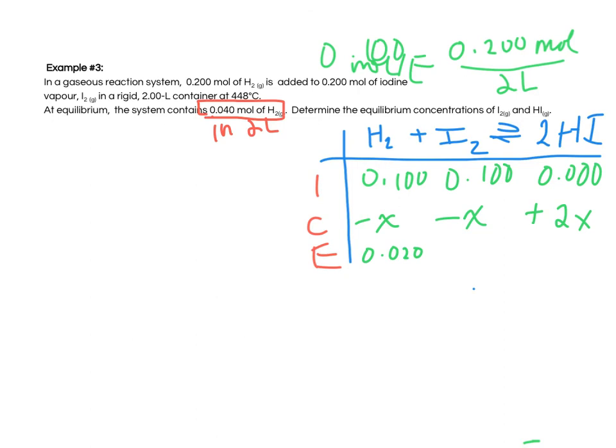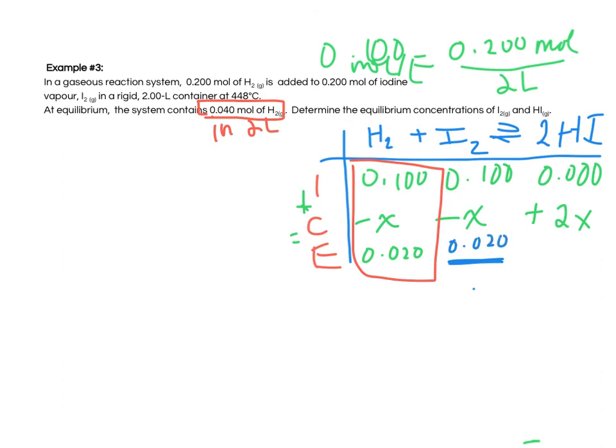So now in this question, it's quite simple. I know that my initial plus my change will equal my equilibrium concentration. By looking at this, I can use this whole equation to solve for X. Though at this point, hopefully you've realized that the amount of I2 also has to be 0.020, just due to the math here.